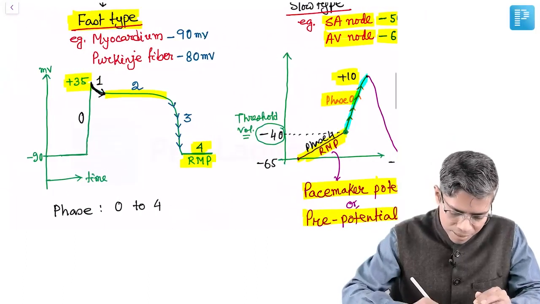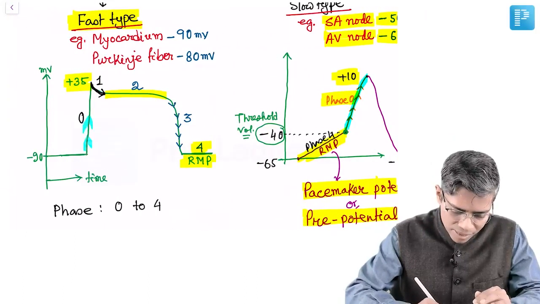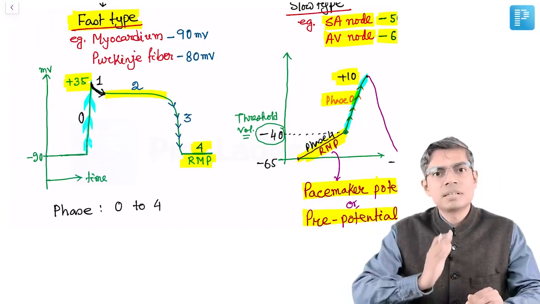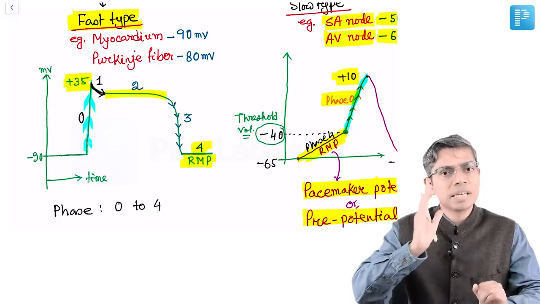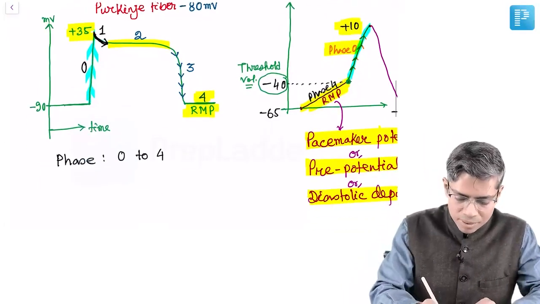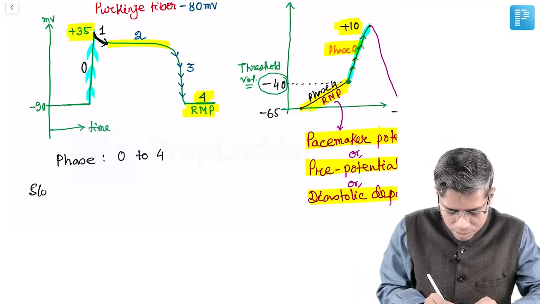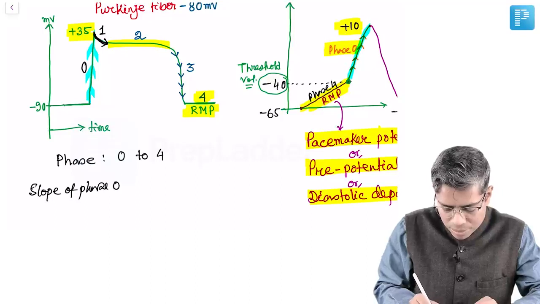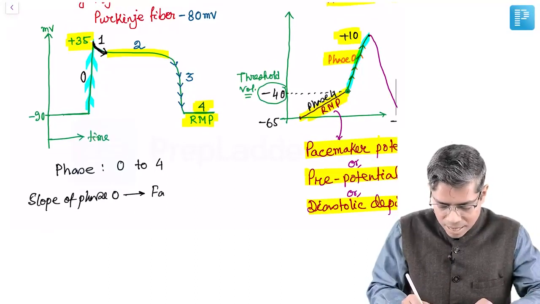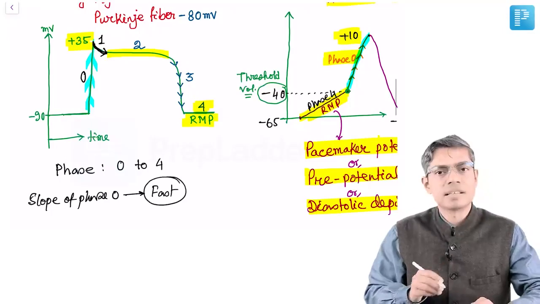But if you look at phase number 0 of fast type action potential, it is rising upward with a very steep slope, with a very high speed. Because the slope of phase number 0 is very rapid in fast type action potential, it is known as fast type.